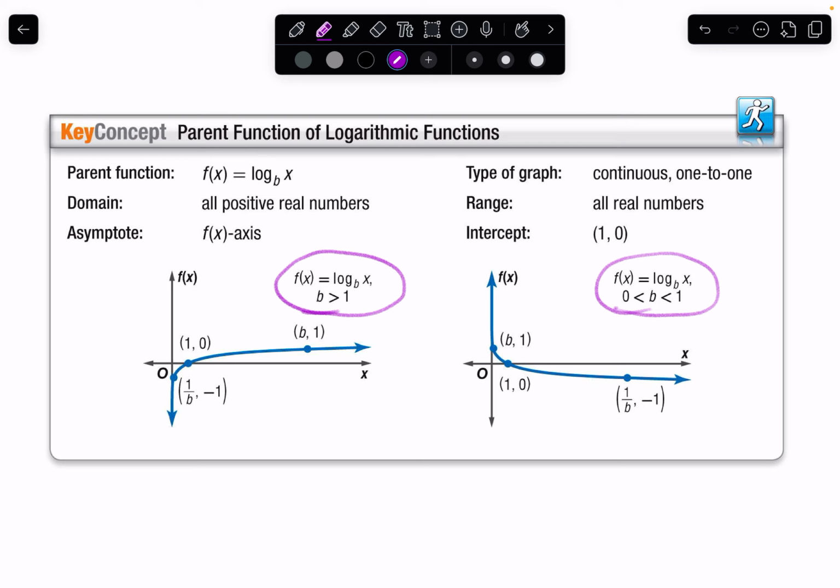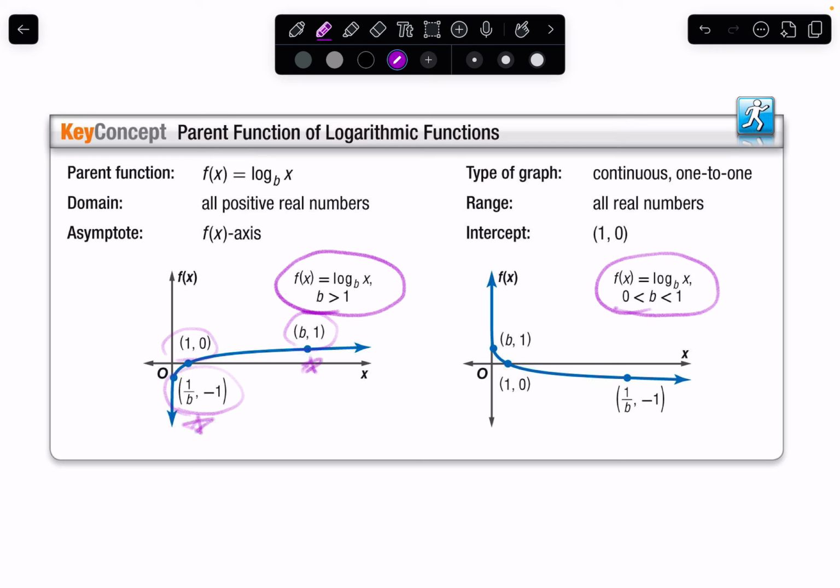So what this is saying is, if the base of your log, or the subscript that is with your log, is greater than 1, your graph is going to look like this. There are specific ordered pairs that go with it, and you're really just plugging your b value into this ordered pair and this ordered pair.